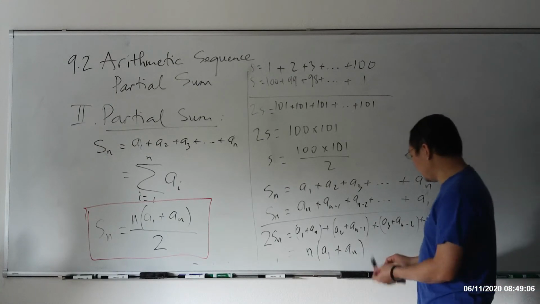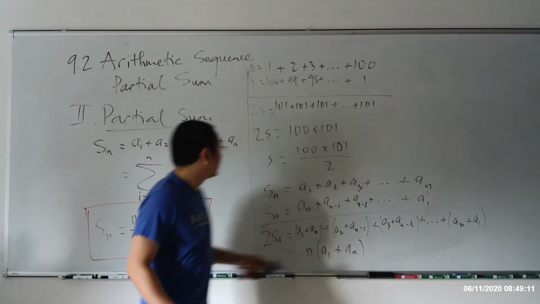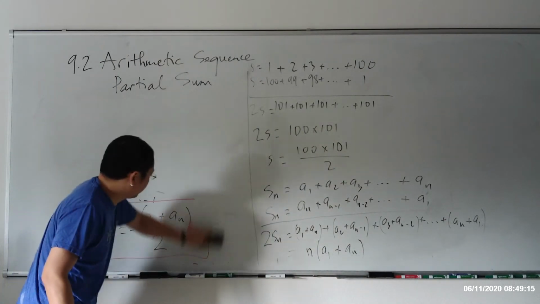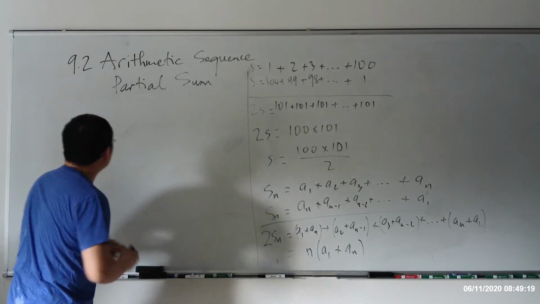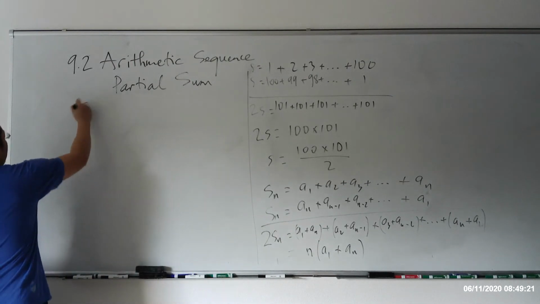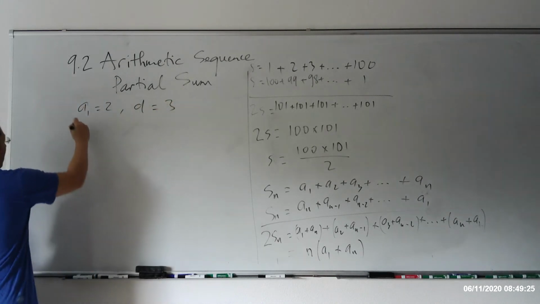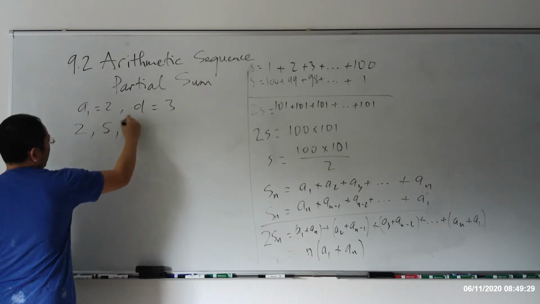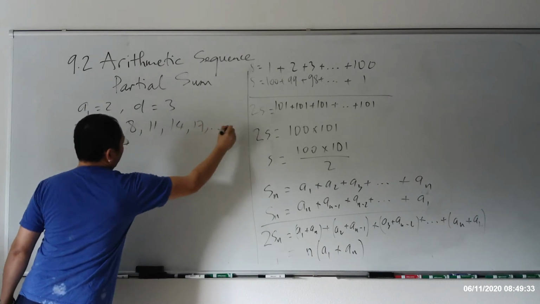And now let's go back to another example. You have a formula. Let's go back to our very first example: A1 equals 2 and D equals 3. So you have 2, and then 2 plus 3 is 5, and then 5 plus 3 is 8, then 11, 14, 17, and so on.